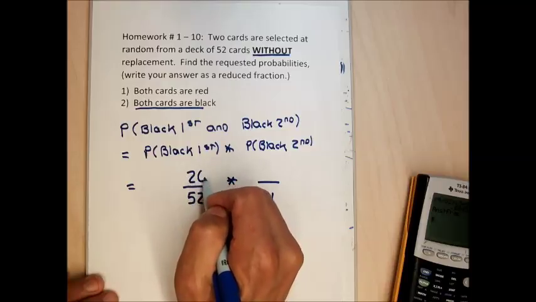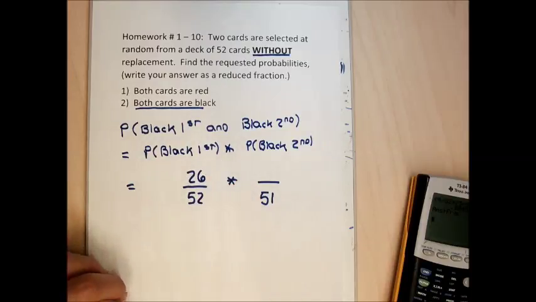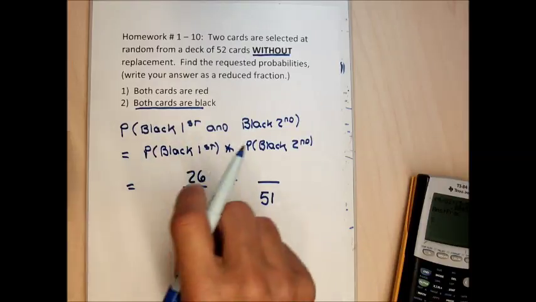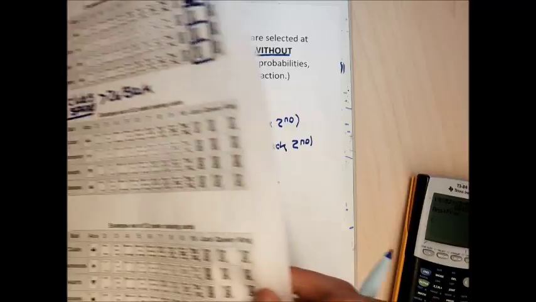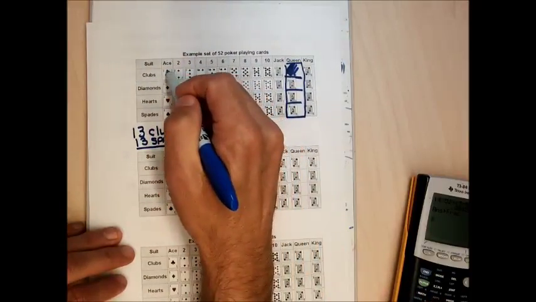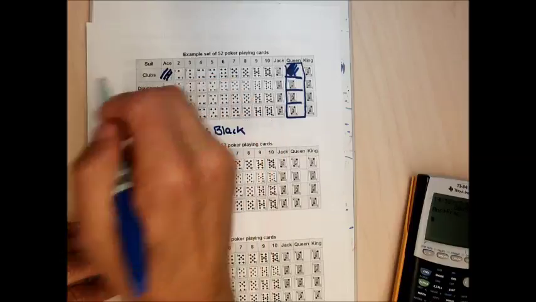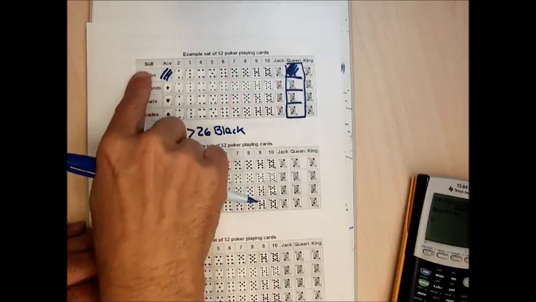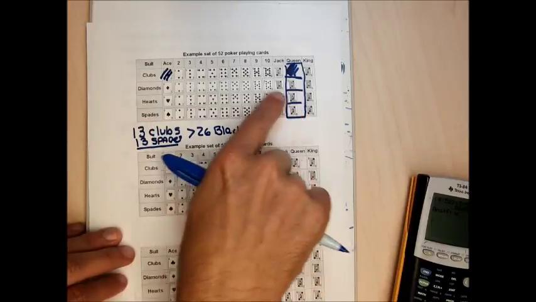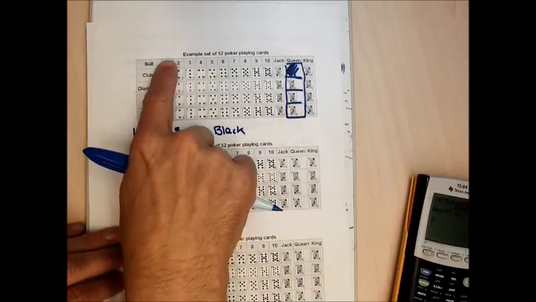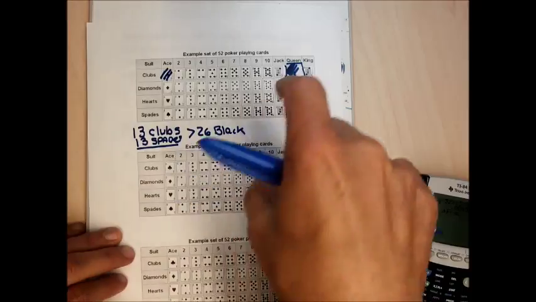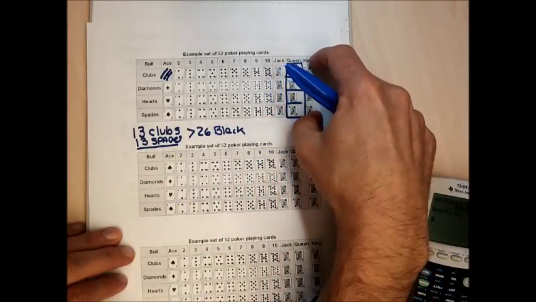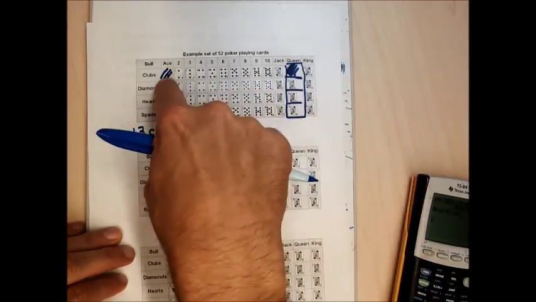I don't know which black card I'm going to get, but I do know that if I take a black card from my deck and don't put it back, then the deck that started with 52 cards, 26 of them black, now has 1 less card, 51 cards left, and 1 less black card.